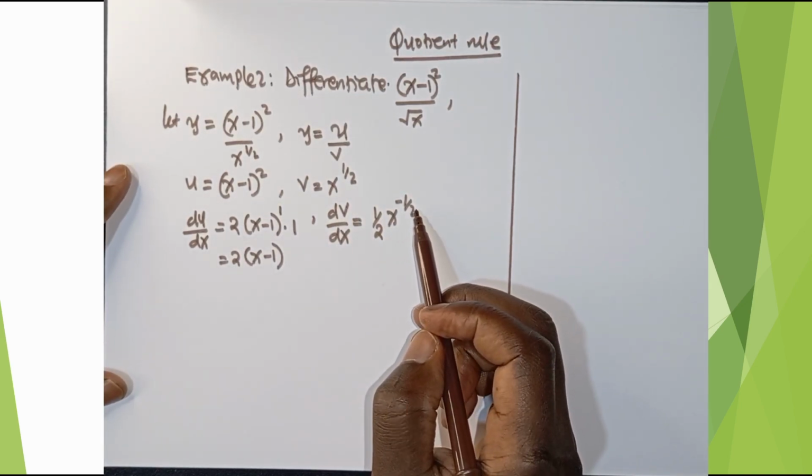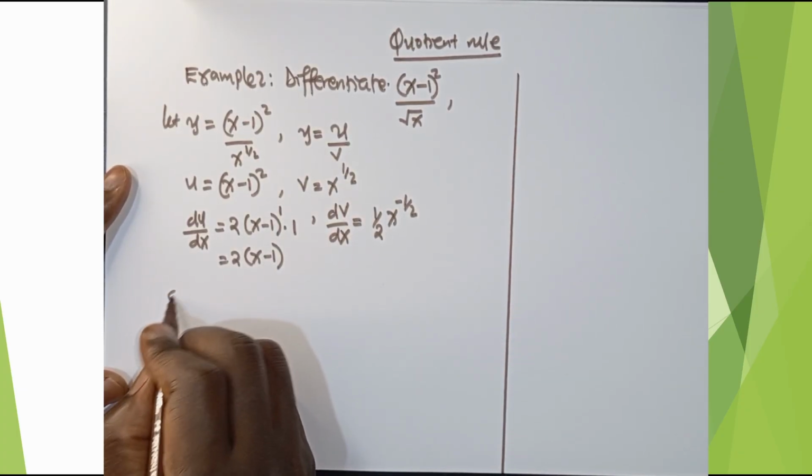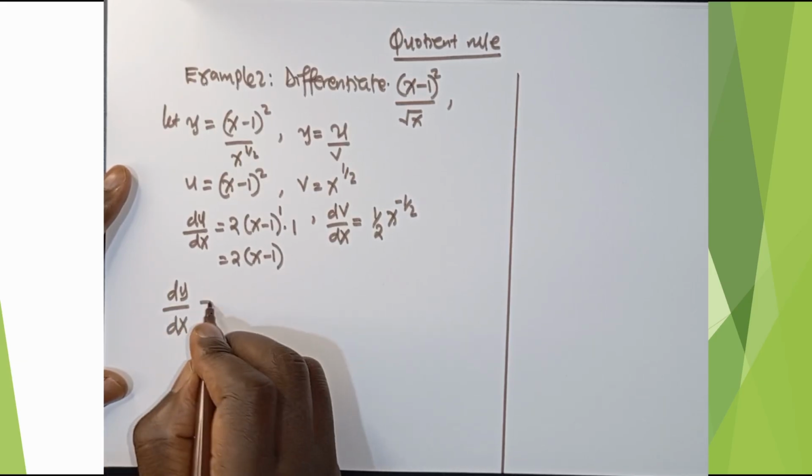Now substituting it back in our quotient rule. So quotient rule tells us, we know it very well now.